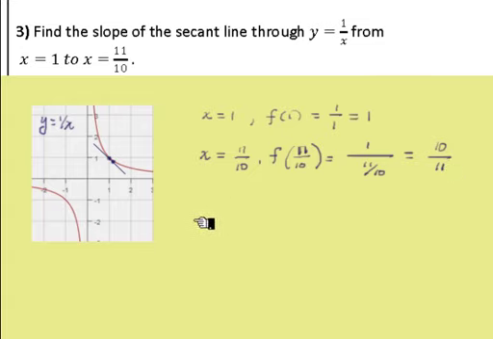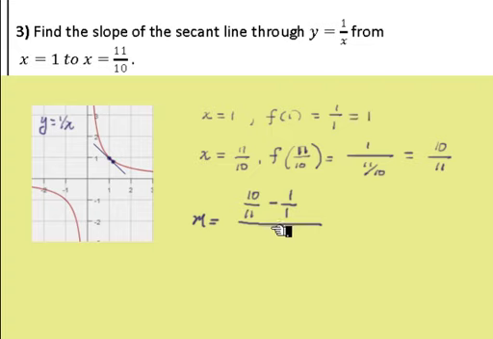All right, now let's calculate the slope. So in the numerator, we're going to subtract the y's. 10 elevenths minus 1. I'll write this in fraction form, 1 over 1.